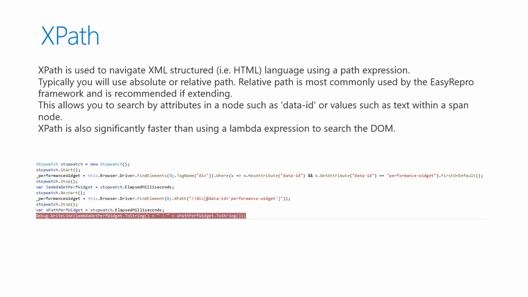XPath is also significantly faster than using a lambda expression to search the DOM. I've included an example below that shows how I could search through the HTML using a lambda expression, and alternatively using XPath. The XPath performed at a much faster speed.